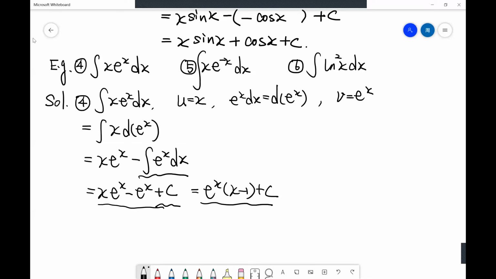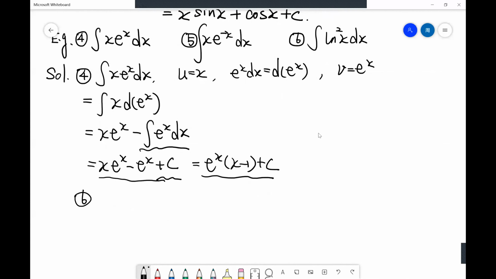And now we will solve number 6: the integral of (ln x)^2 dx. There is one simple thing here: you don't have to be confused about which is u and which is v, because the integrand here is only one function, (ln x)^2.